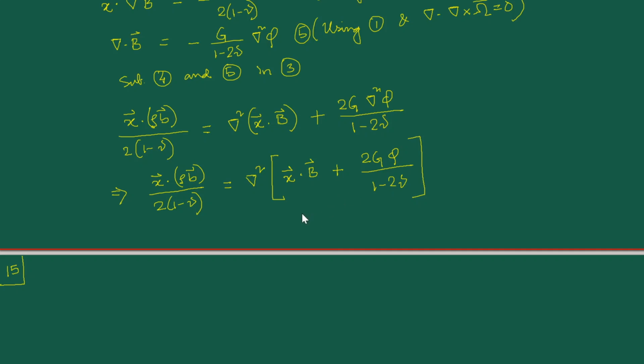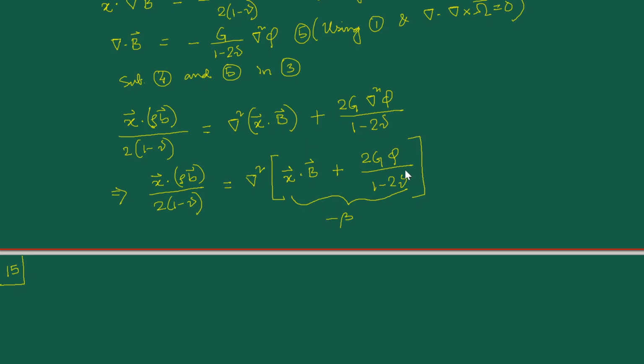Well, what we do is we set this part as another variable, a scalar variable, consistent with the fact that the first term here is a dot product between two vectors, which is a scalar, and this here is a scalar quantity also.